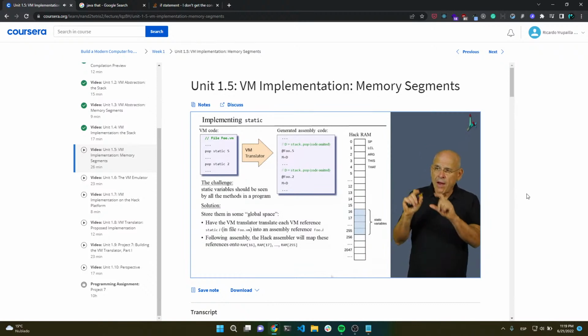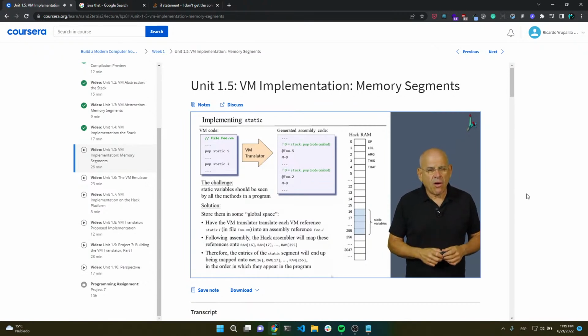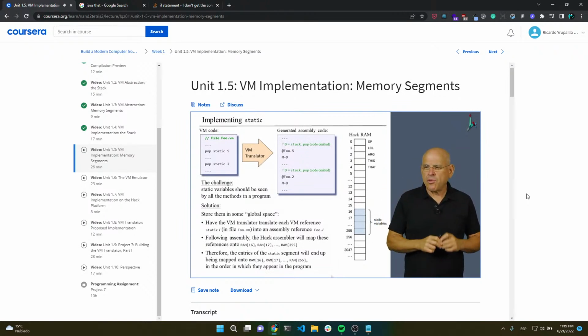Because you see, this blue area is outside the stack, and all the functions which are running in your program can take a look at this RAM area and see exactly the same thing, the static variables. And so in using this trick here, we basically took advantage of this unique convention in the Hack assembler of mapping symbolic variables onto the RAM from position 16 onward.